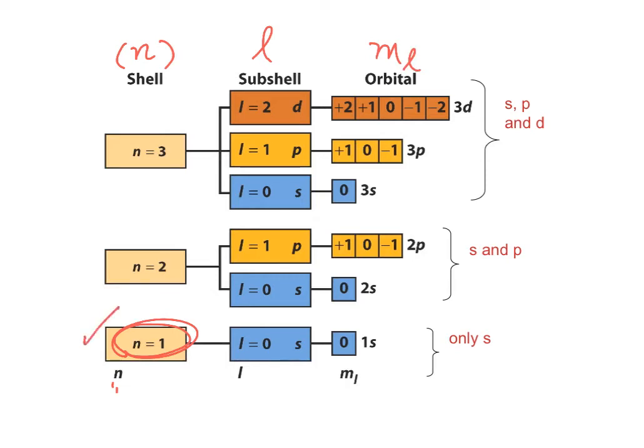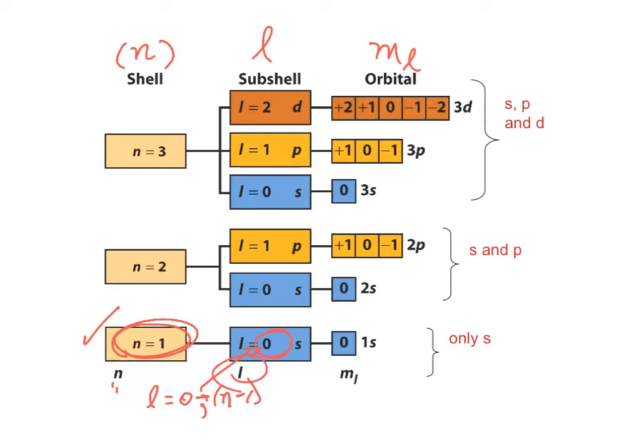So if we're in energy level 1, n equals 1, the values that l can have are only 0. Remember that l always starts at 0 and progresses in integers up to a maximum value of n minus 1. Well, 1 minus 1 is 0, so the only value l can have is 0.